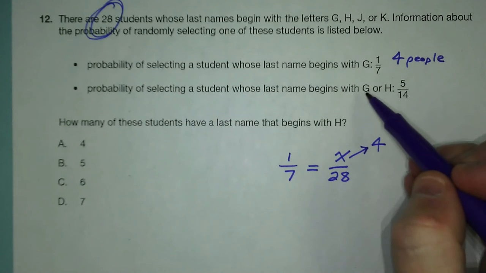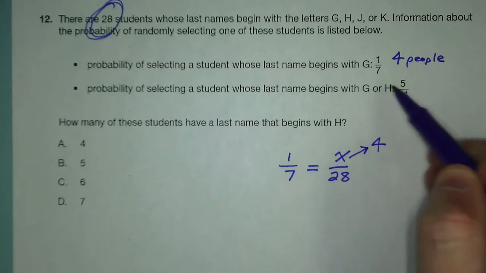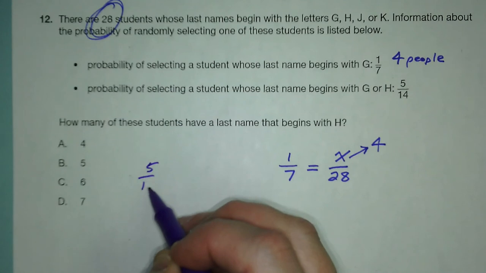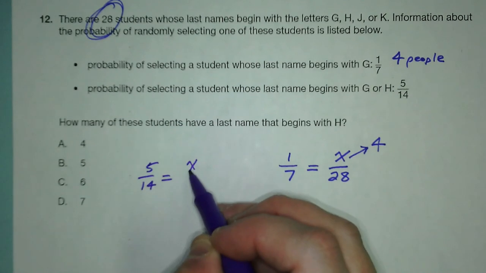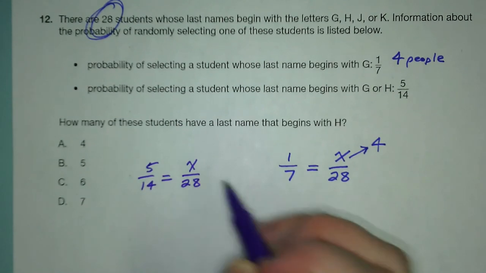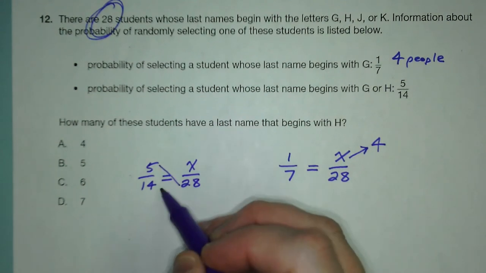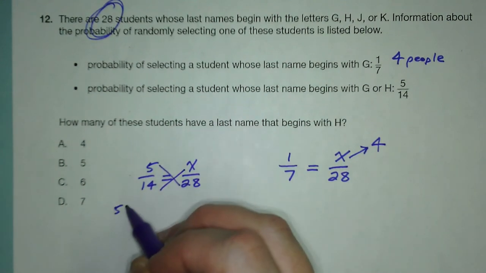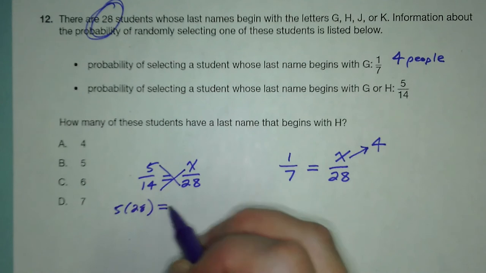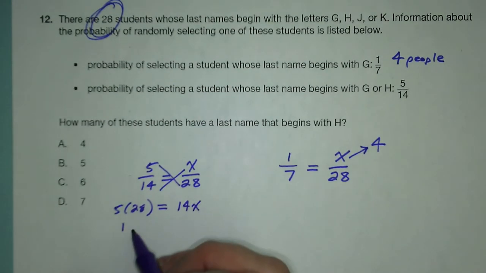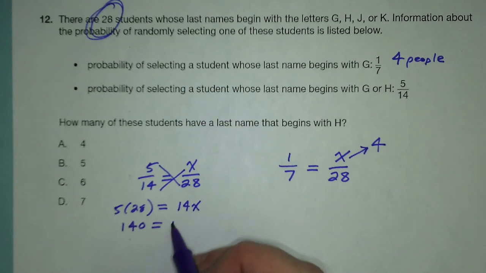Now G or H, that's both of them combined. So 5 out of 14 would be how many people out of the 28? Let's cross multiply. So 5 times 28 equals 14x. 5 times 28 should be 140.